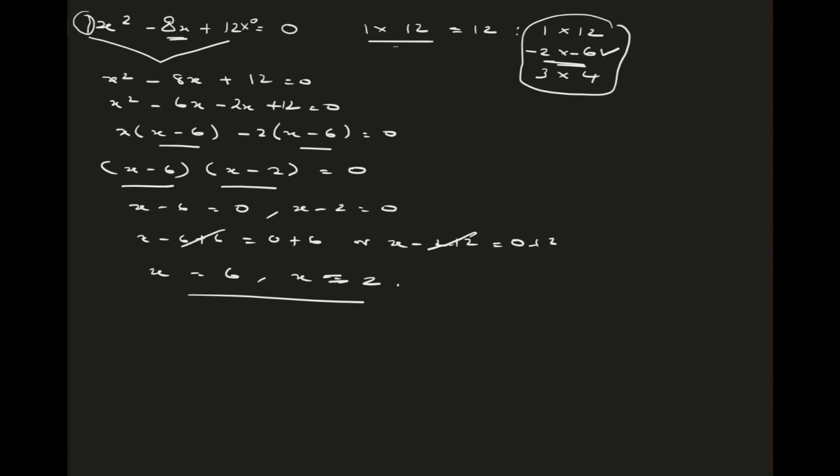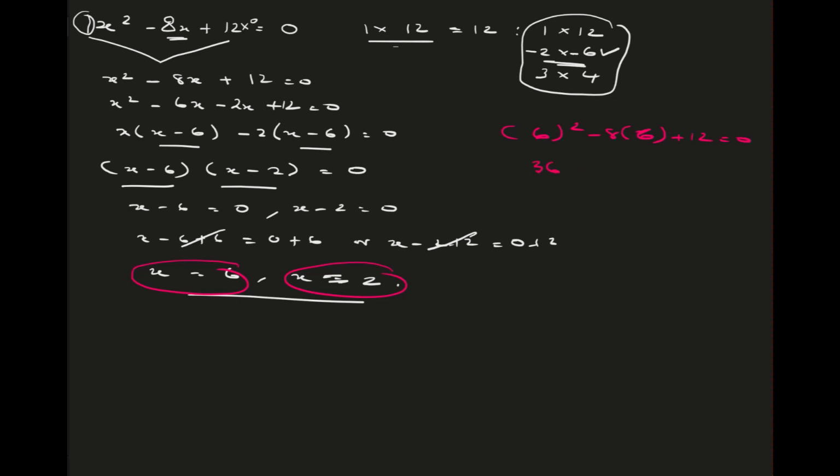Okay, and so we can also try to prove that what we did is actually right. We can replace these values into the equation to make sure that what we worked on was correct. So if I get 6 and put it into my equation, can this give me 0?